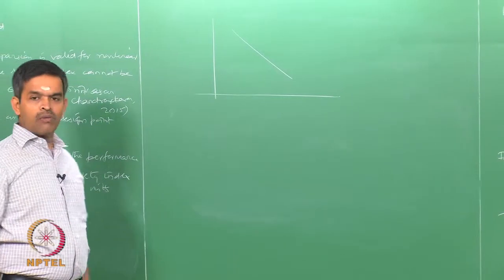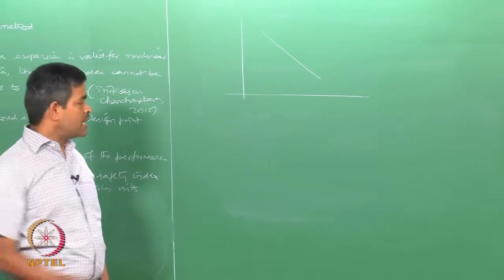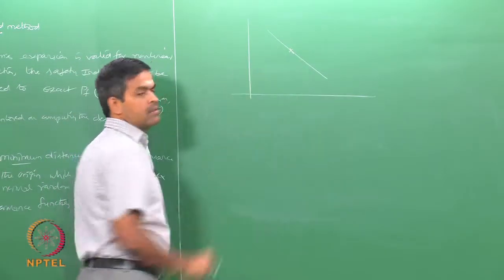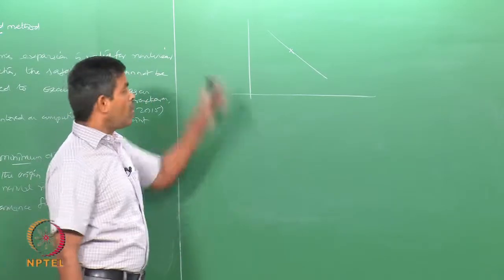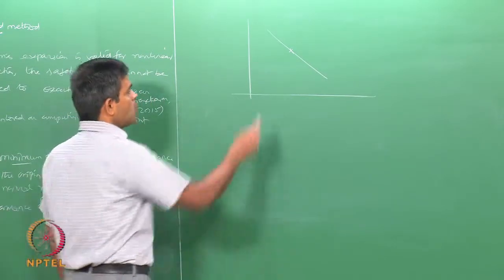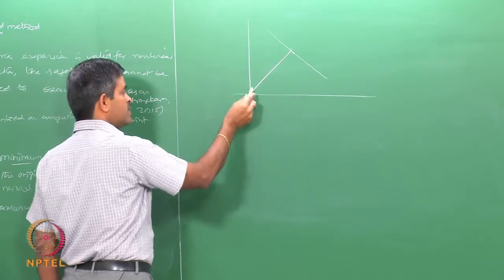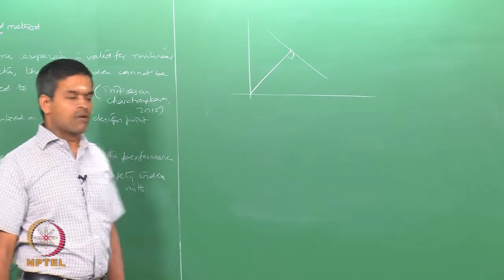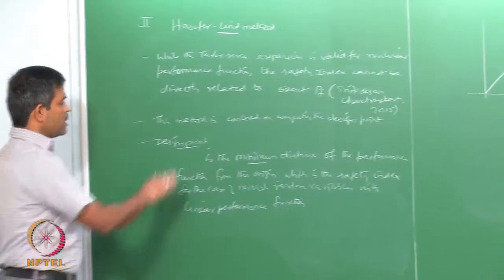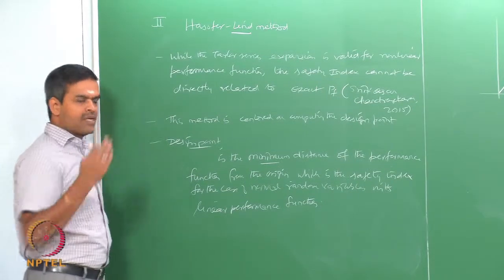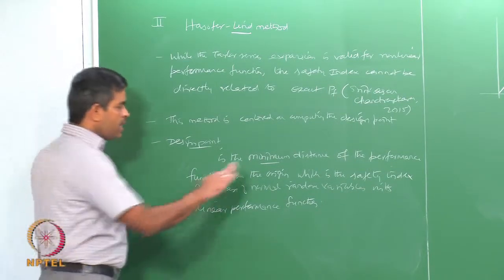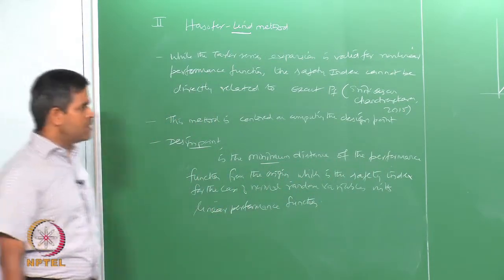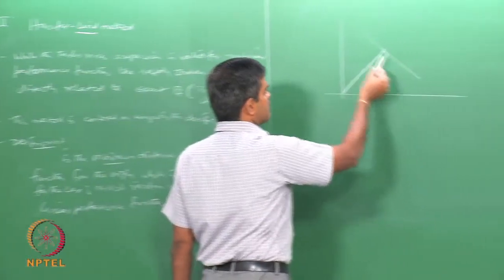For a performance function to remain linear when the random variables are normalized, it is very easy to locate the design point, because the design point is the point on the performance function which will give you the minimum distance from the origin to the performance function, because that is how the design point is defined. Design point mathematically or graphically is the minimum distance of the performance function from the origin. Obviously, a line which is normal to the function will give you the minimum.